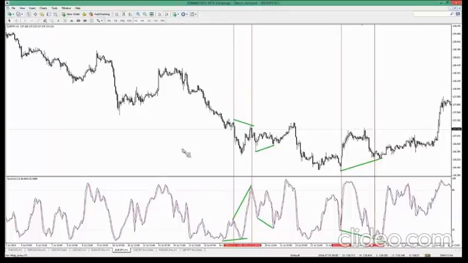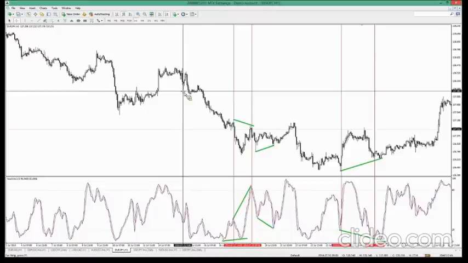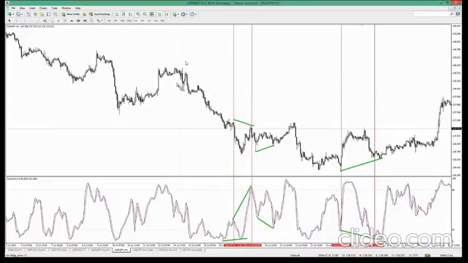Yeah, so we're playing the divergence in alignment with the trend. And what you'll see in the method that we're testing in the room, which we'll do after this session, it works very, very well as added confirmation.